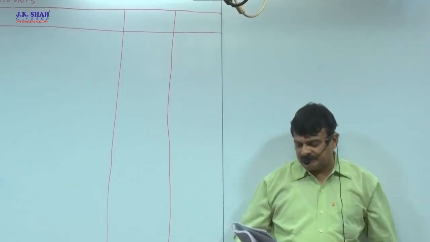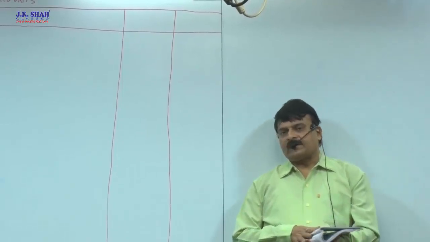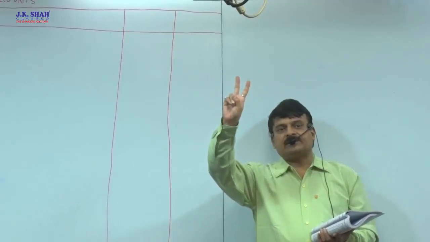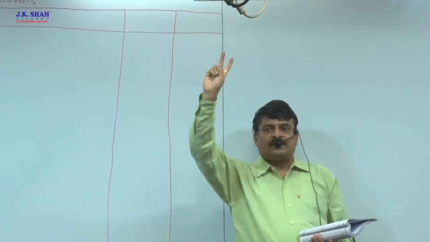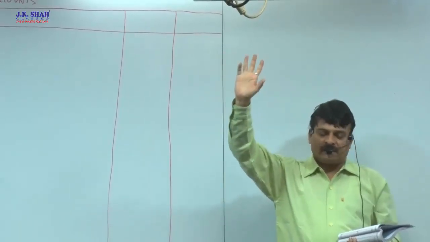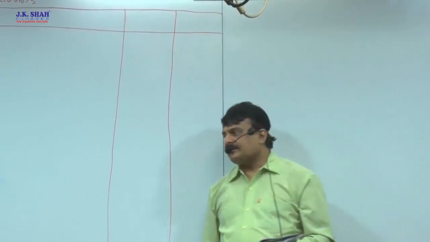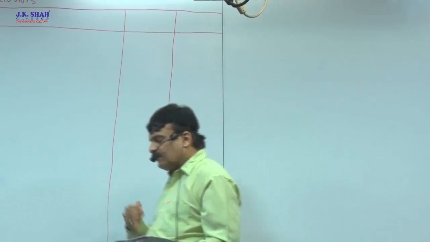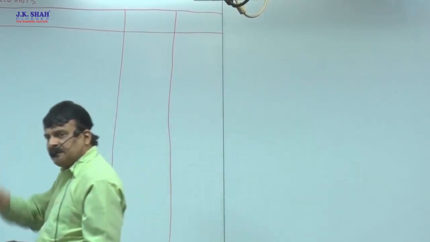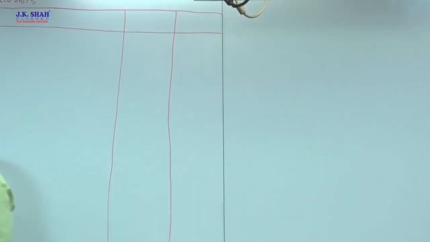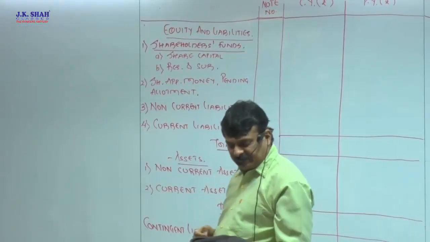Next, cash and cash equivalents will have only two things: cash in hand and cash at bank. Short-term loans and advances: loans and advances given by our company for the short term. Short-term means repayable within 12 months.